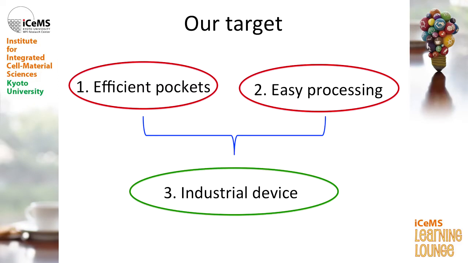So our target and our interest, in regard to carbon dioxide, is that we still want an efficient material to trap carbon dioxide. But we want to transform and process them very easily, in a very cheap and very available way, so that we can have very applicable materials, for example industrial devices.